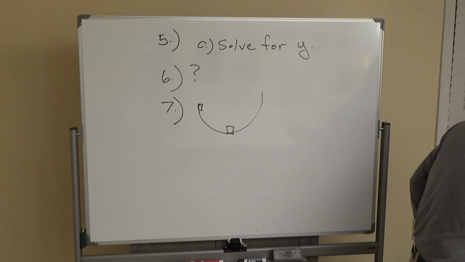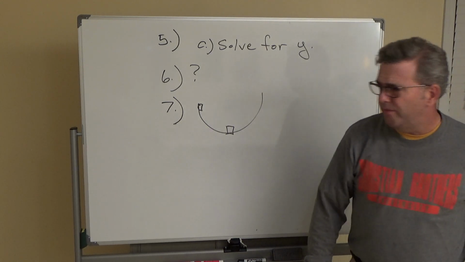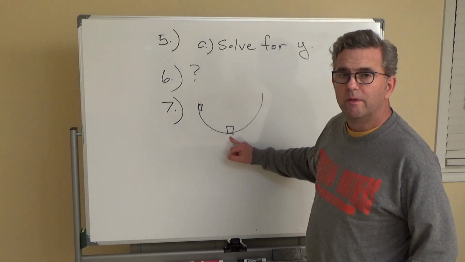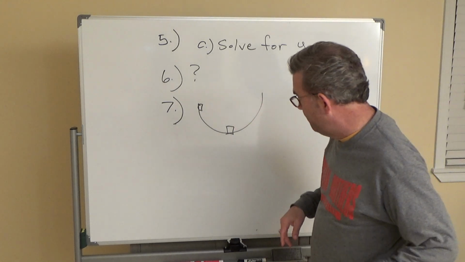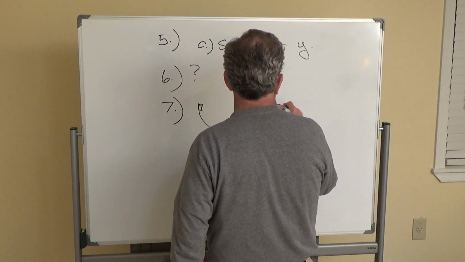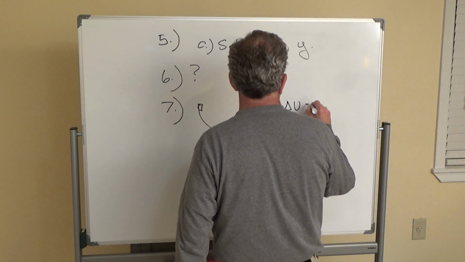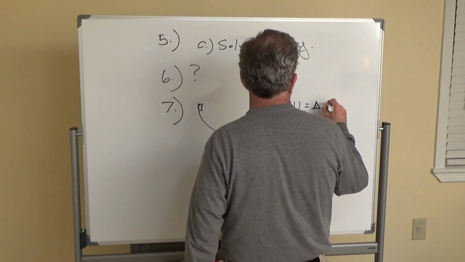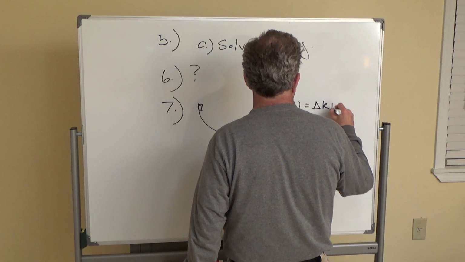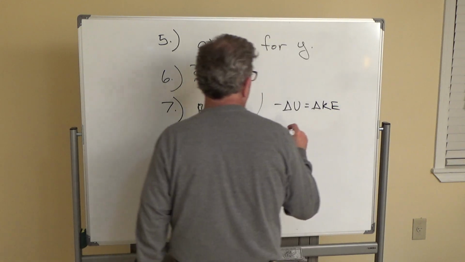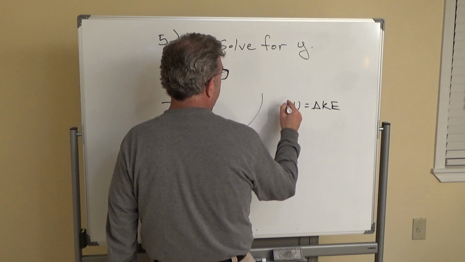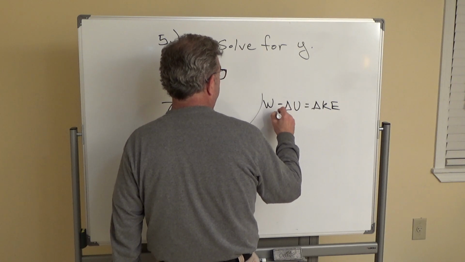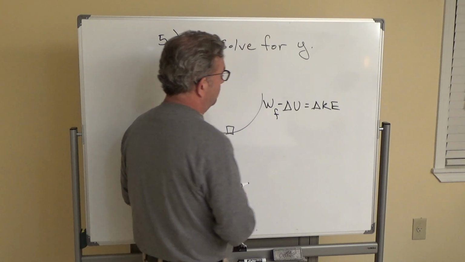Okay, yeah, they give you the final speed here. This is work kinetic energy. You have the negative of the change in potential energy is equal to the negative of the change in kinetic energy, but you have an extra term over here. This is the work done by friction.